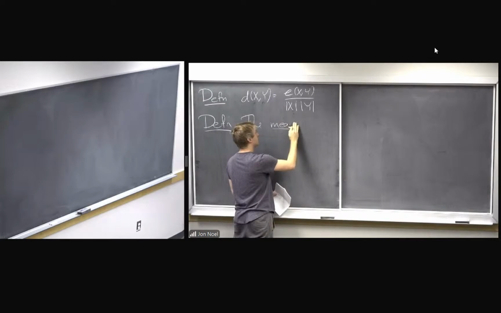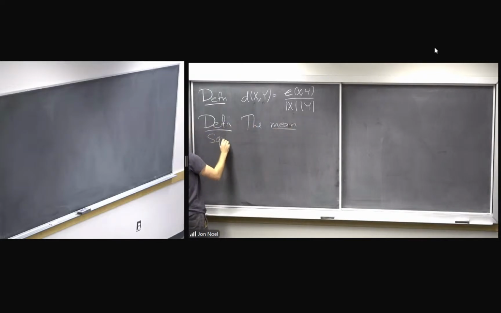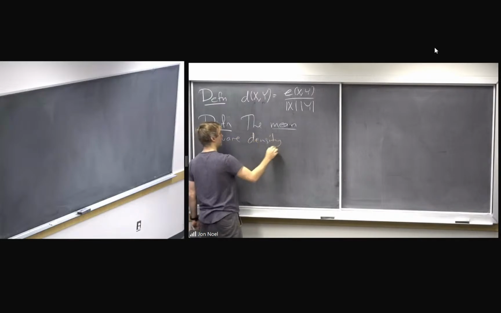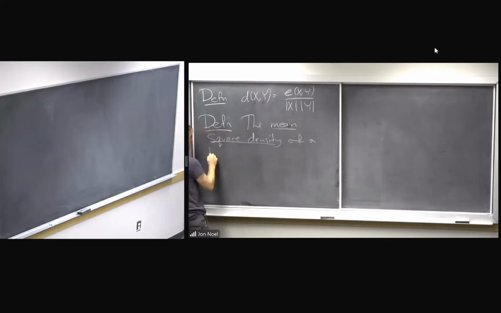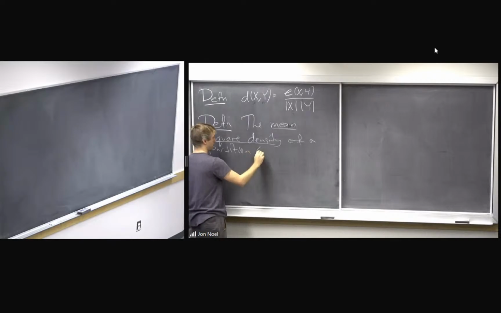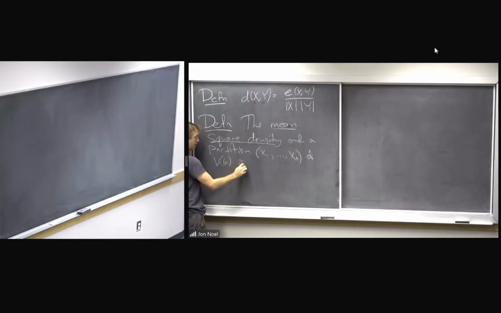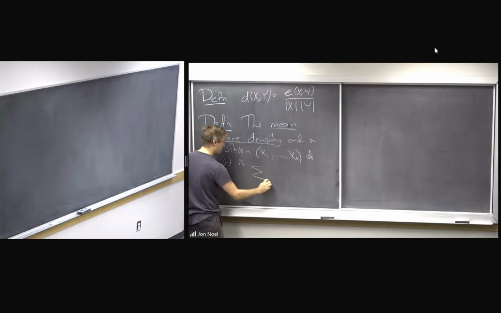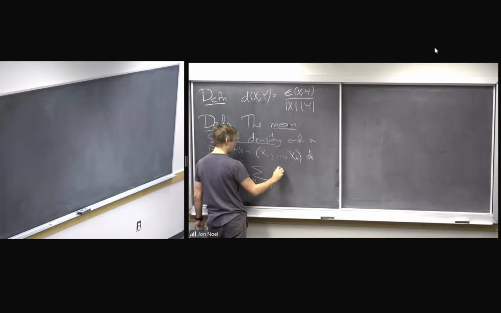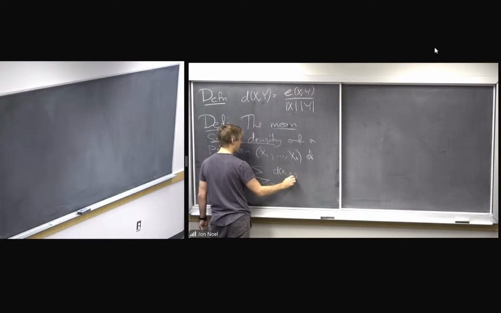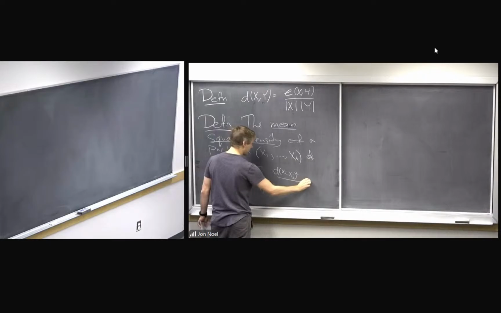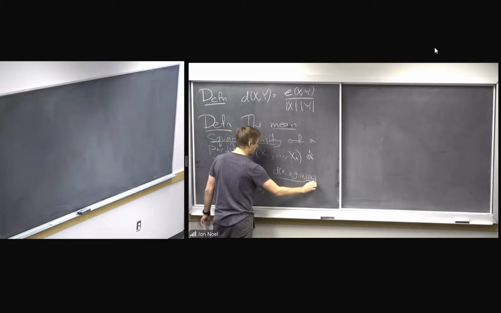So the mean square density of a partition, let's say x1 up to xt of the vertices of some graph, is, you take the sum over all pairs of partition classes where they're distinct, and then you compute the density between them, d of xi xj squared, times the size of xi times the size of xj, all over n squared.